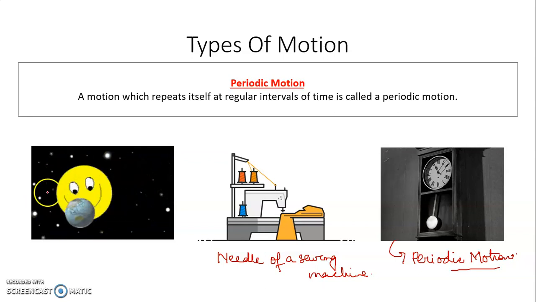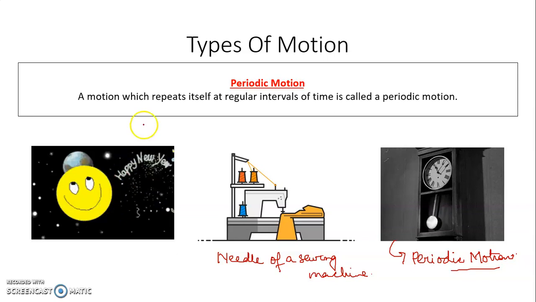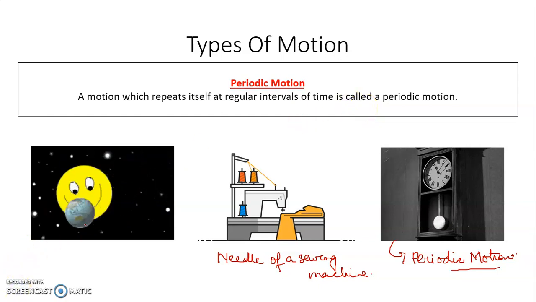This is also a periodic motion, because after every one rotation, we have a new year, right? So remember students that all motion that repeats itself at regular intervals of time is called periodic motion. Now let's move on to the next topic.